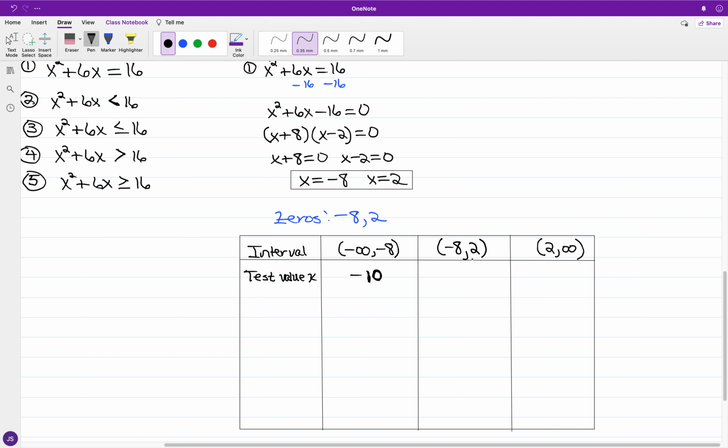And then between -8 and 2, 0 seems to be the most popular choice if it can be applied. And then anything greater than 2, we'll just go with the number 3.